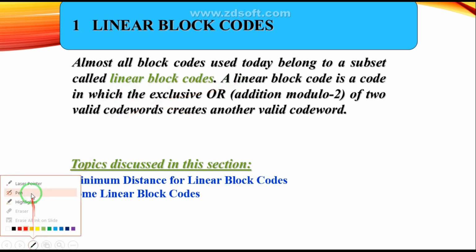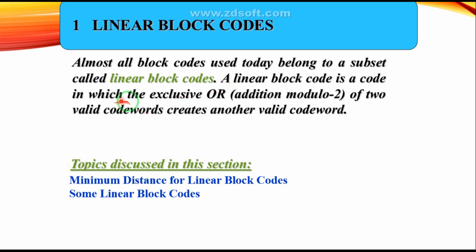A linear block code is a code in which the exclusive OR, that is, the modulo 2 addition of two valid code words, creates another valid code word. There are also non-linear codes, but their structure and implementation are very difficult. So we are going to concentrate on linear block codes.